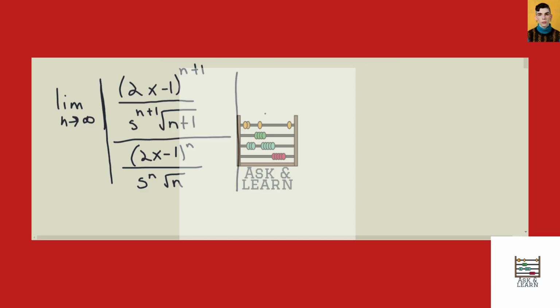And when you go through and actually solve out this entire limit, you'll get an answer that looks like 1 over 5 multiplied by the absolute value of 2x minus 1.